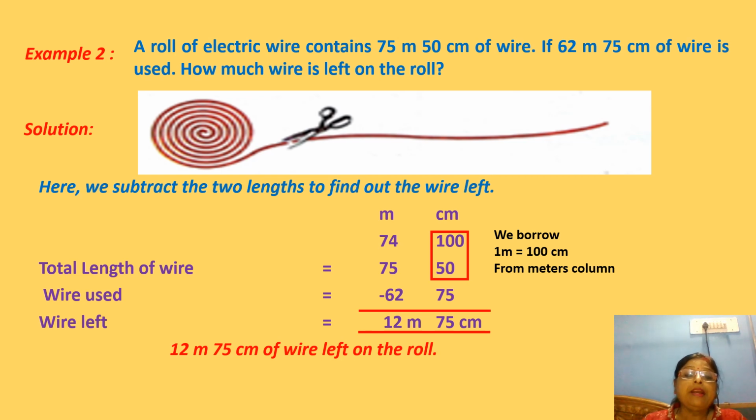Now the remaining meter is only 74 meter. Now you subtract 62 from 74 and here you get 12 meter. So the remaining wire in the roll is 12 meter 75 centimeter.